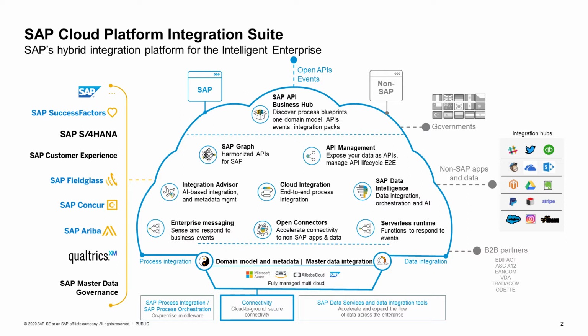It is a comprehensive integration platform as a service offering running in the cloud, supporting cloud and hybrid integration needs. It supports different integration needs like process integration, API-based integration, event-driven integration, data integration, and so on.